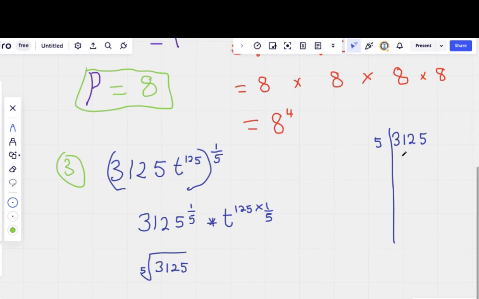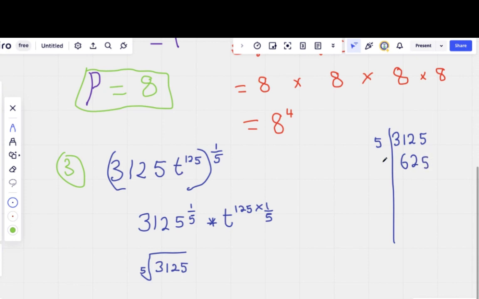Yeah, try manually. 5 goes into 30, 6. 30, remainder... 5 goes into 12, 2. Okay, the answer is 5, right?